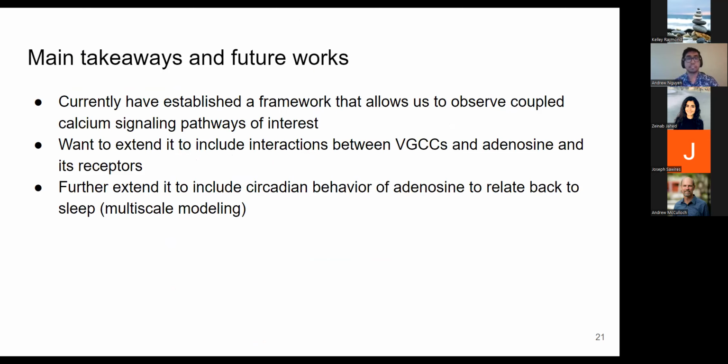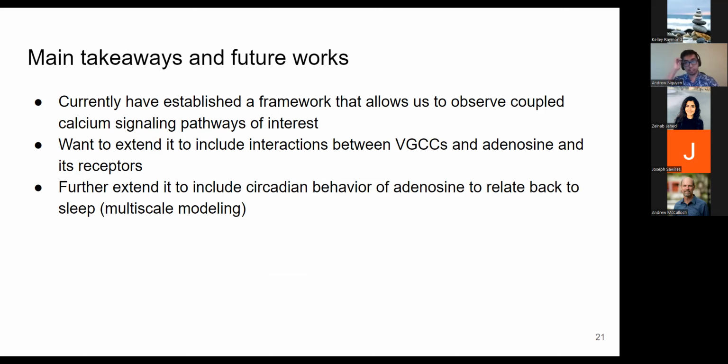The main takeaways are that I've established a framework where I can add adenosine in the system and see how this external adenosine affects these calcium pathways of interest. Something worth mentioning is that although I plan to build a neuron cell-specific model, a lot of the intermediate models or even the final model can probably be applied to other cells.